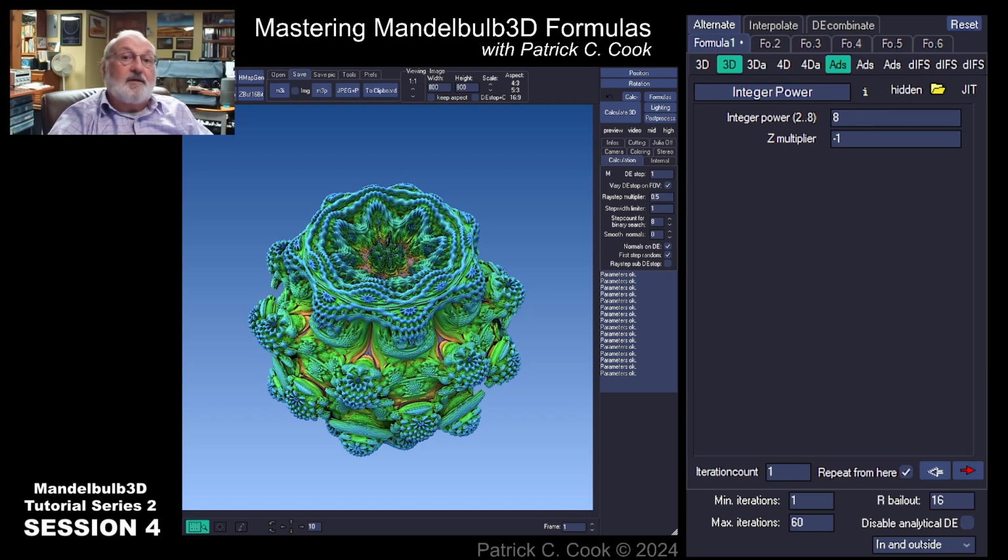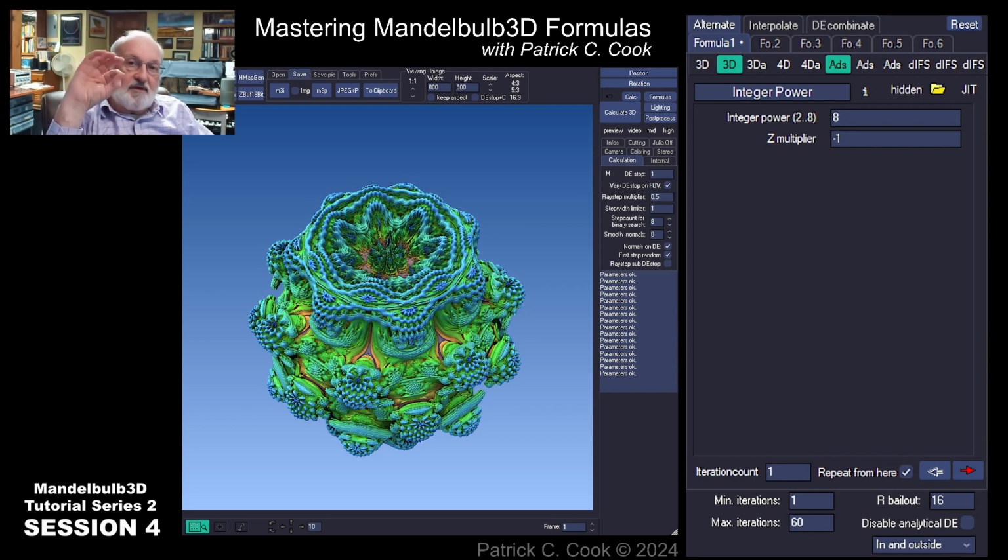Now, in this session, I want to talk about a concept known as iterations. I think you're going to find that quite interesting. There are a couple of processes that go into creating a Mandelbulb object.